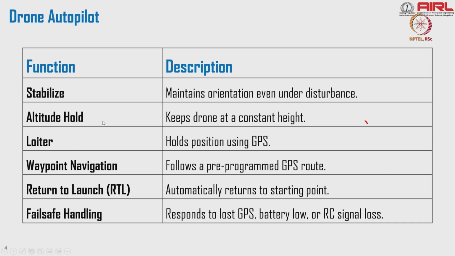If I say altitude hold, not just hover, it has to maintain the altitude, right? H should be constant. Then if you say loiter, around a position X, around that position you could keep going in a circle, or you can go in a rectangular pattern. But I want to hold the position, say.